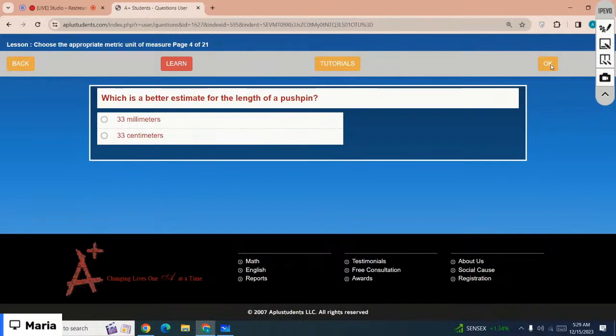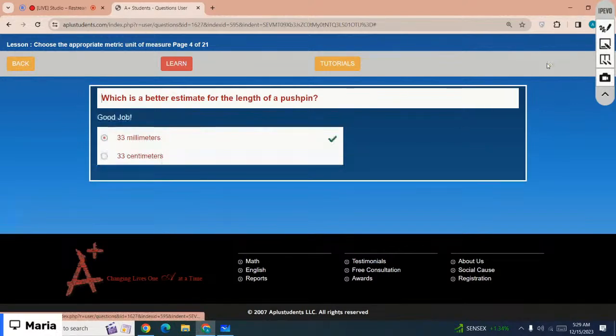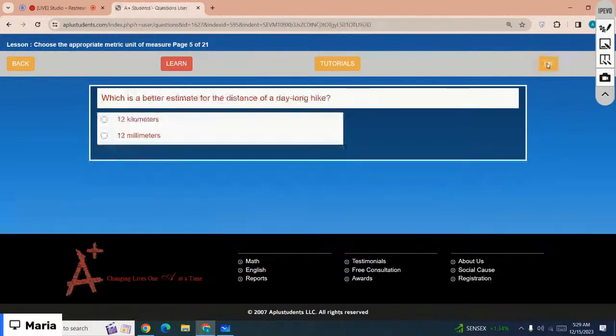That must be in millimeters, right? Option number 1, because for a pin, centimeter is too long. Which is a better estimate for the distance of a day long hike? 12 kilometers or 12 millimeters, which is the correct option?